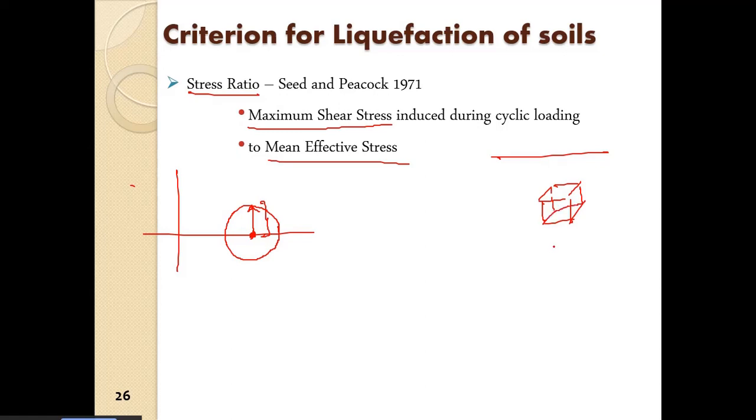We have the sigma v, and obviously we have k naught sigma v in this direction, and in the other direction the same value, k naught sigma v. So this is the three-dimensional case, the actual case in the in situ condition.